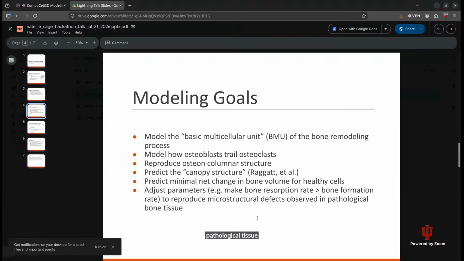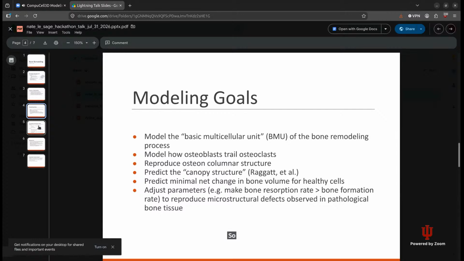Like, for example, making the volume of osteoblasts less than that of the osteoclasts. So you might see something like the bone getting progressively removed, and then the defects, and maybe that would resemble the defects that you observe in those diseases.